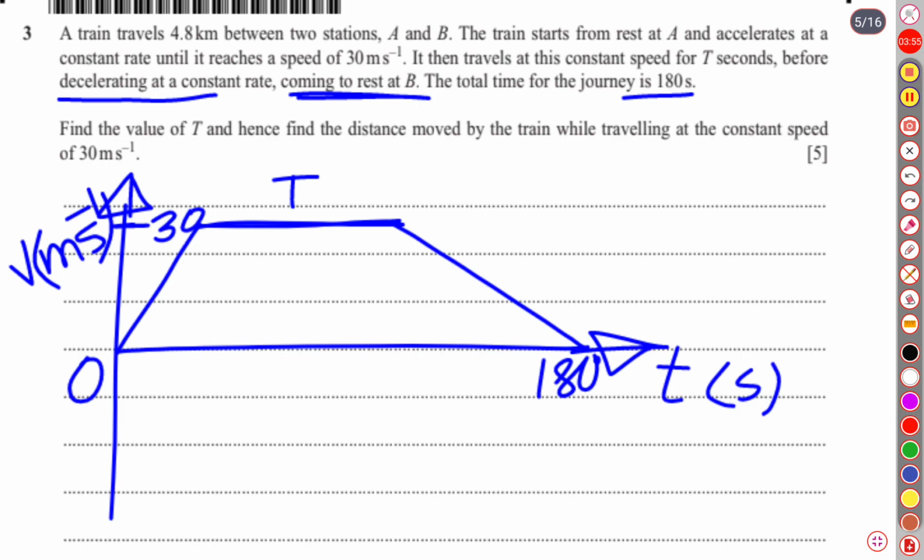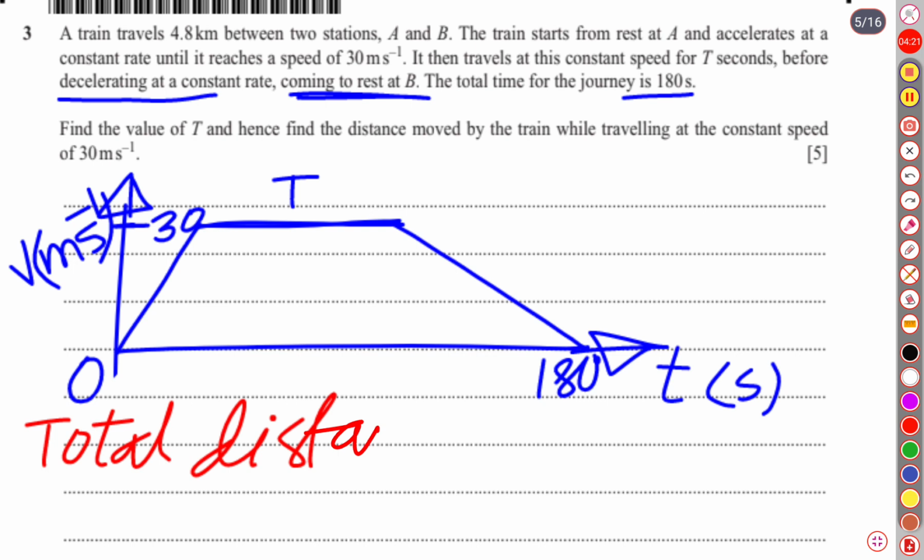Let me erase this portion, which is unnecessary because there is no negative velocity. Well, total distance S is given: 4.8 kilometers, that means 4800 meters.